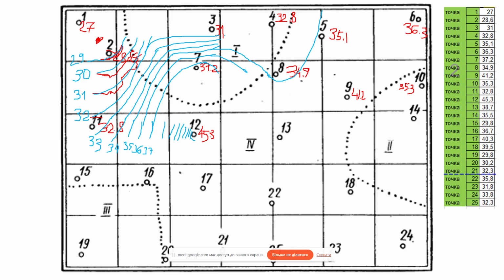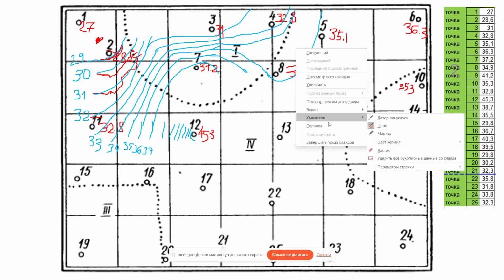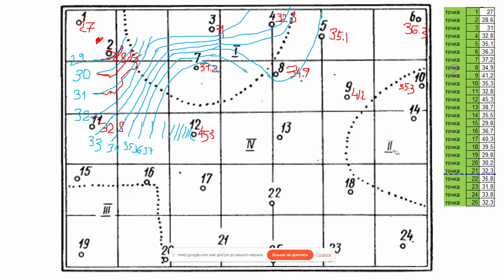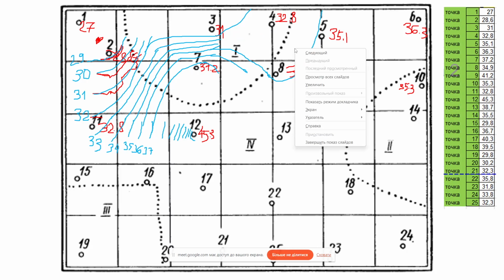Also, we should find the line 32 in between points 3 and 4, and all this we can use. And then continue.